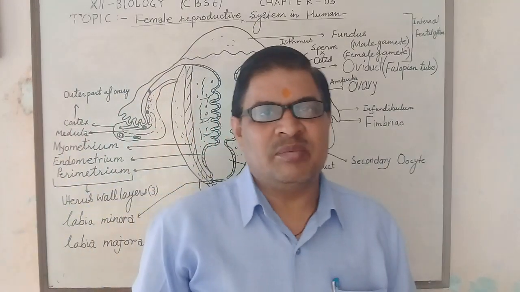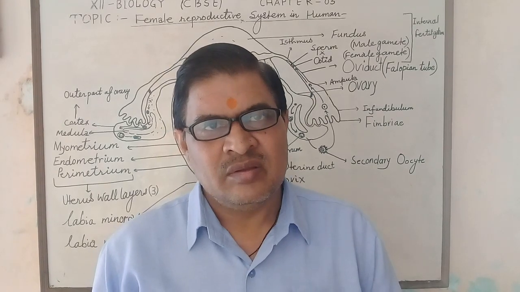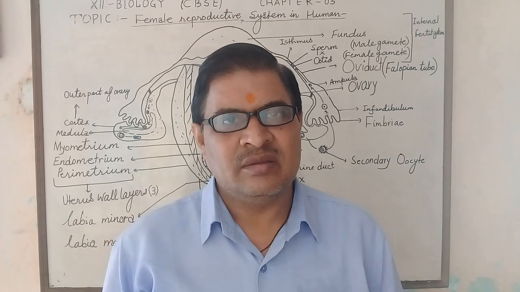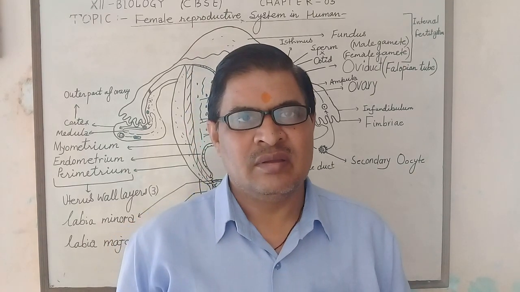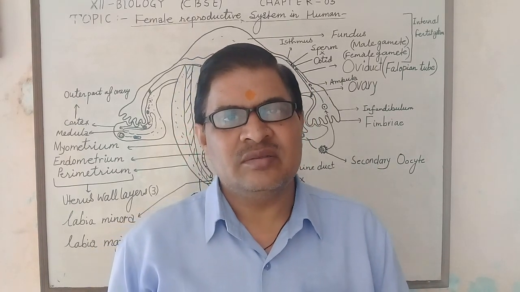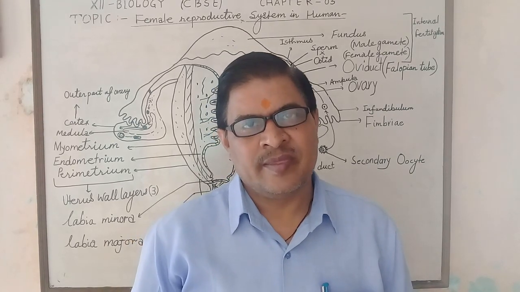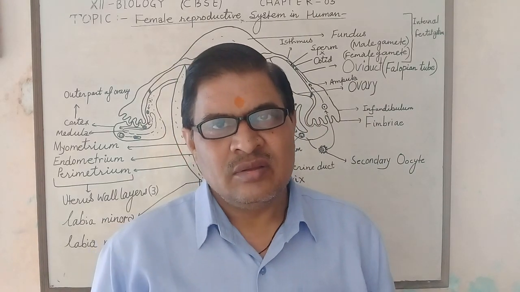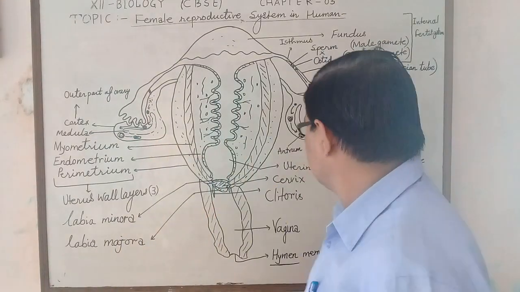During the development of Graafian follicle, FSH is secreted by the anterior lobe of the pituitary gland under the influence of GnRH of the hypothalamus. Secondary Graafian follicle has a fluid cavity called antrum.